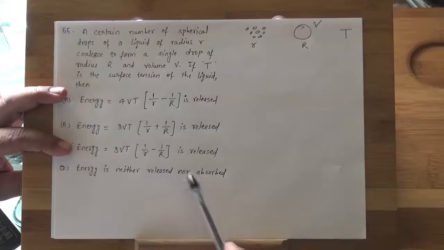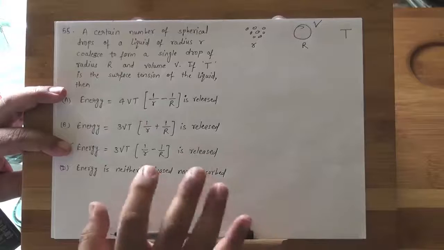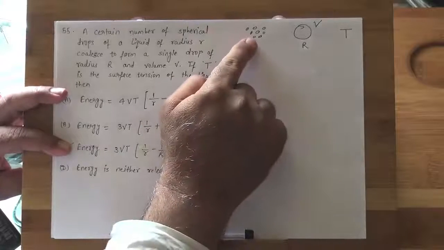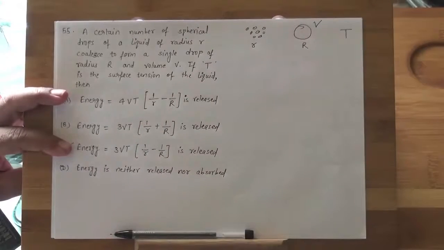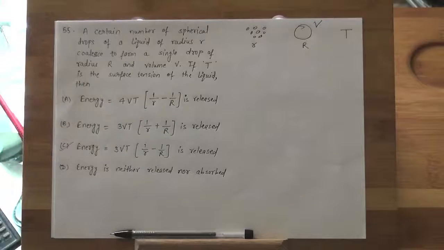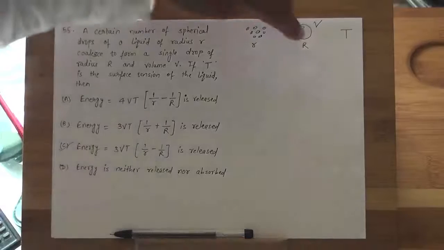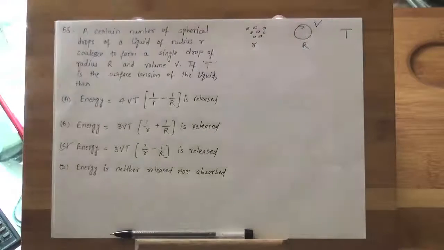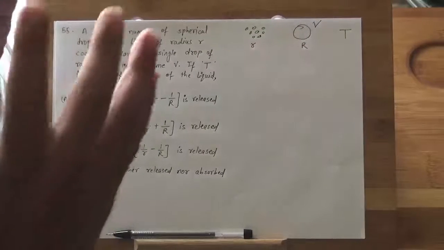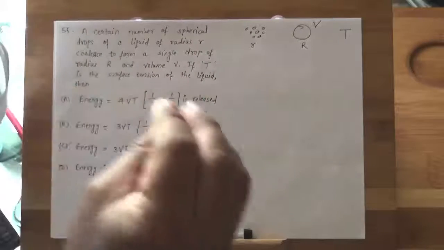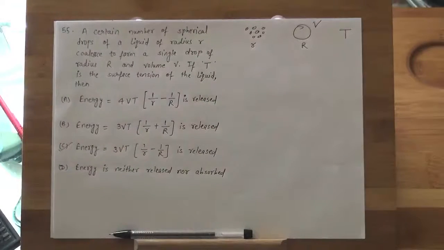Energy is neither released nor absorbed. So, what will happen to energy when the small drops become a large drop? Okay, find out. Surface tension and energy, where are they related to each other? Is it extra pressure? Yes, of course. Extra pressure, change in volume, PV, that gives us energy. Any other form? Yes.